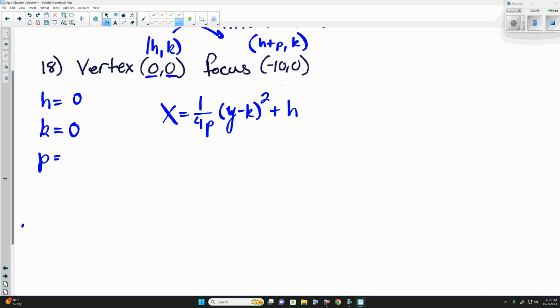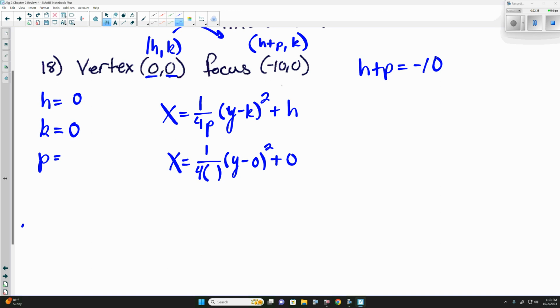Now before we can plug anything in, we don't know what the value of p is, and we need that to really finish this up. But from the general form, if we looked at it as h plus p, if we plugged h and p in, we should get a value of negative 10.